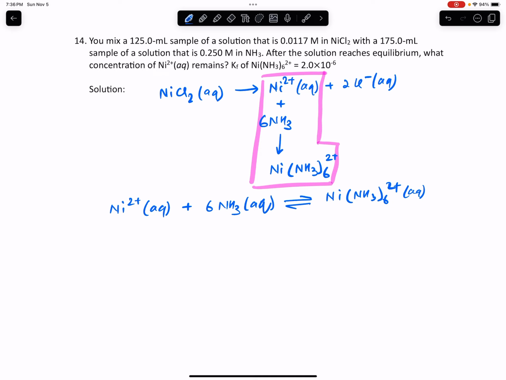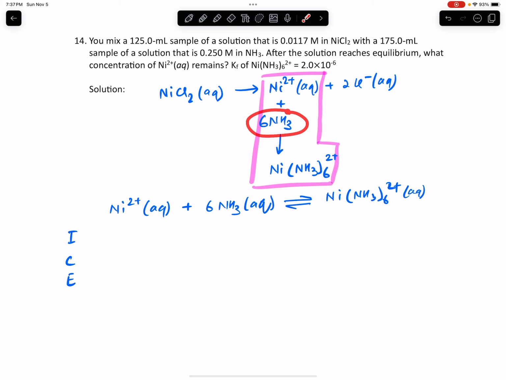Once I have that, I have to create my ice table, and I need my initial concentration before I can begin. But the initial concentrations are not directly given to us. What is given to us is the initial concentration of this salt and the initial concentration of this ammonia.